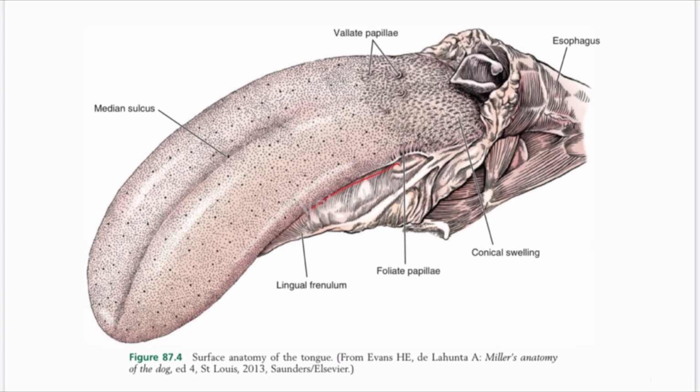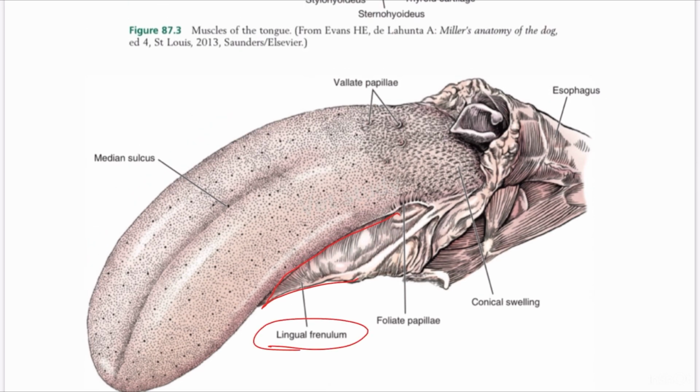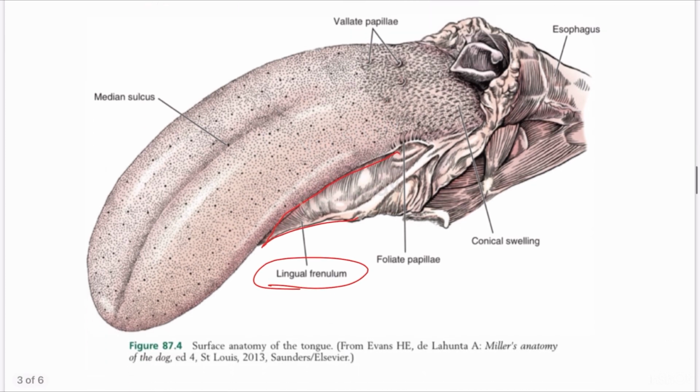This is the fold of mucous membrane which attaches the tongue to the floor of the mouth, right? This is a very important portion, and this may be asked in your exam. This is the ventral part of the tongue. I think you are all aware of the dorsal and ventral portions at this point, right?